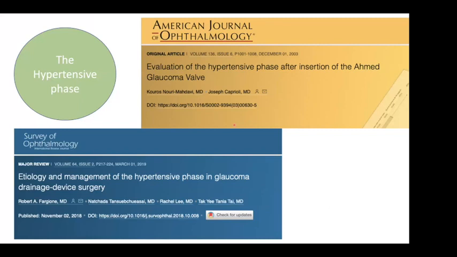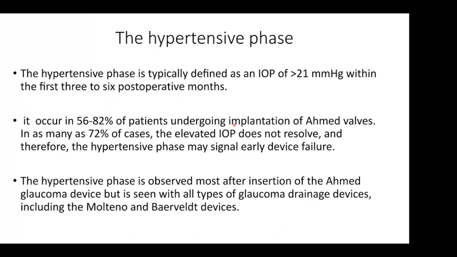Just one more point on what's known as the hypertensive phase, because one of the side effects, or one of the known complications of the valves, is the hypertensive phase. We have to be aware of it and how to manage it. Now, why do we get a hypertensive phase?